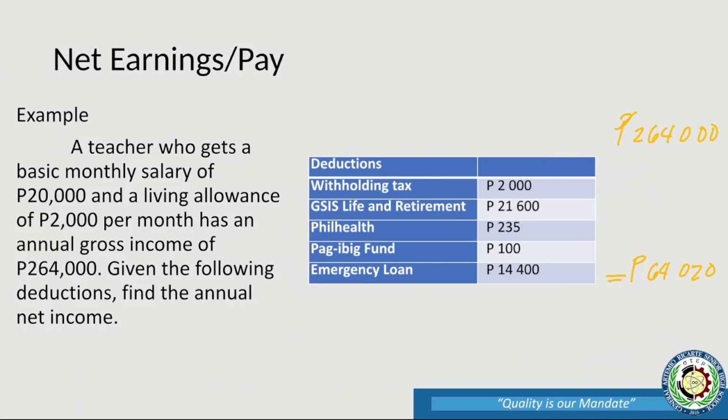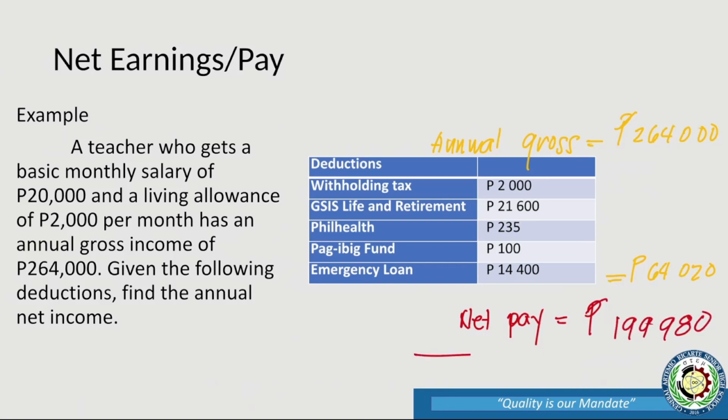Now the net pay would be equal to 264,000 minus 64,020. That would be equal to 199,980. That would be the net pay of the teacher, and this is an example for a year, annually.